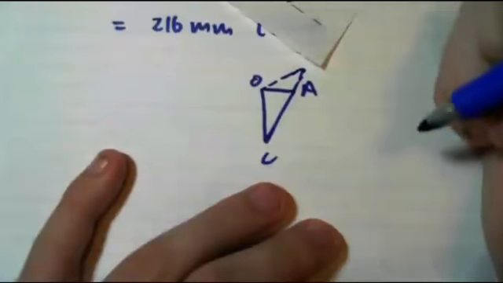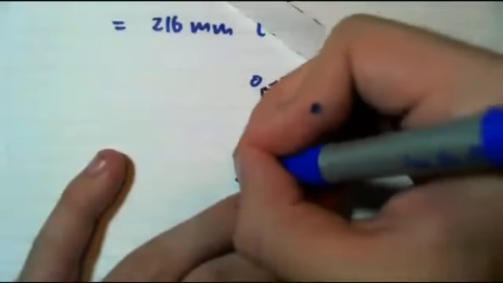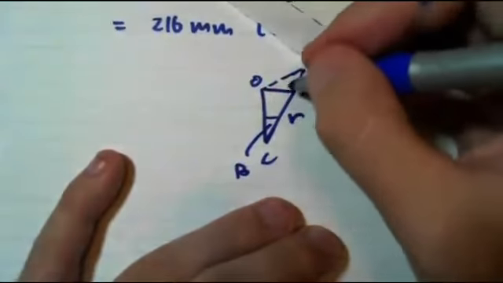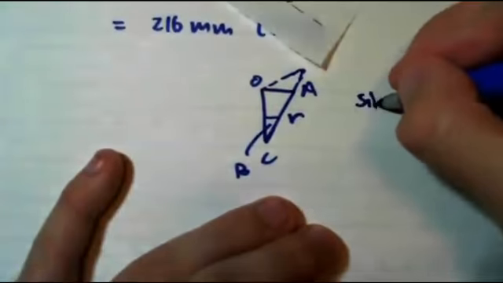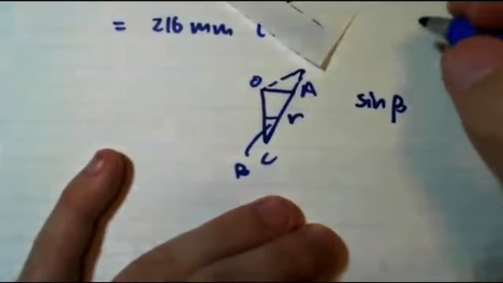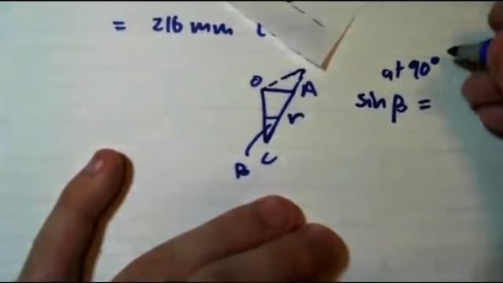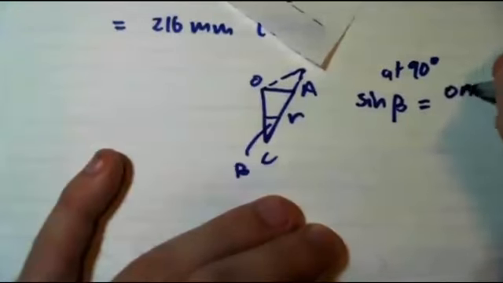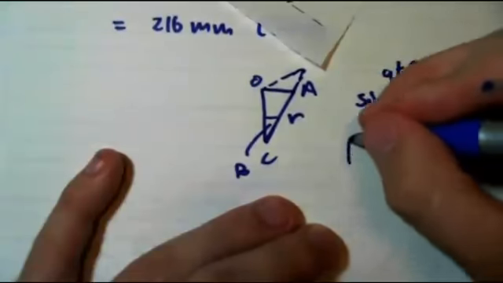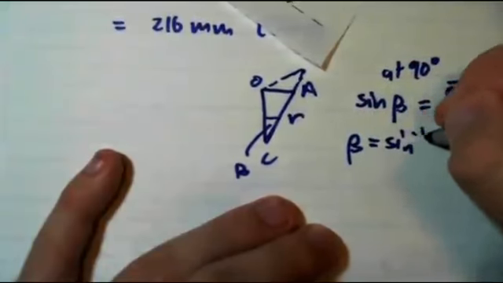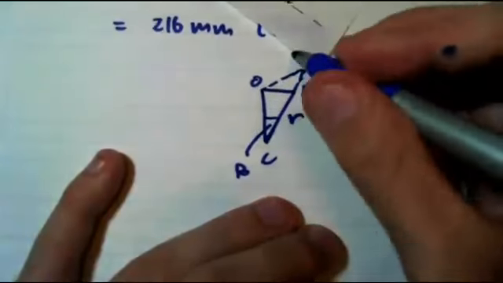So what we do is we multiply this sine inverse of OA on R, so this is our beta in here, to get the angle, because when at 90 degrees, sine beta is equal to opposite over adjacent, which is OA on R. So at 90 degrees, beta equals sine inverse of OA on R. But when this angle increases, what happens?